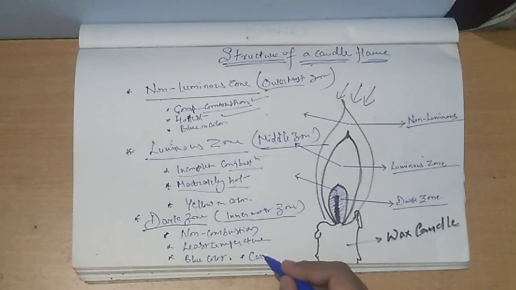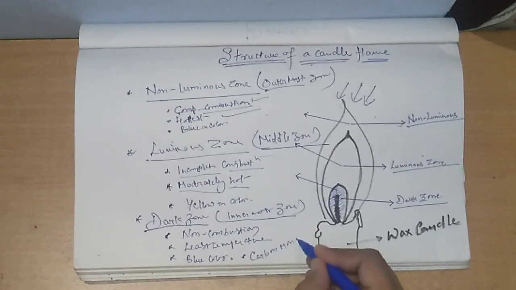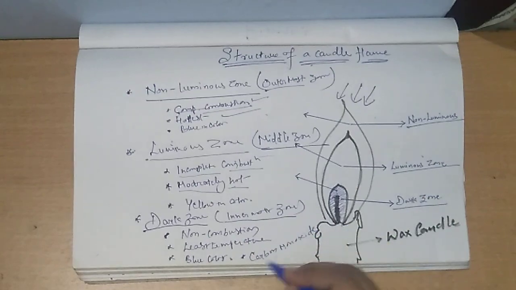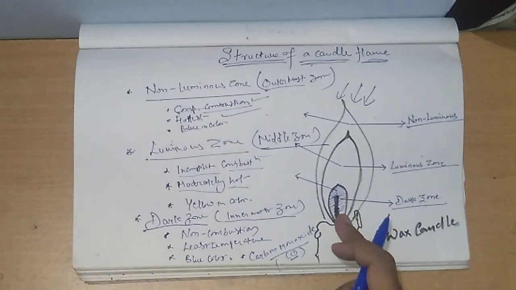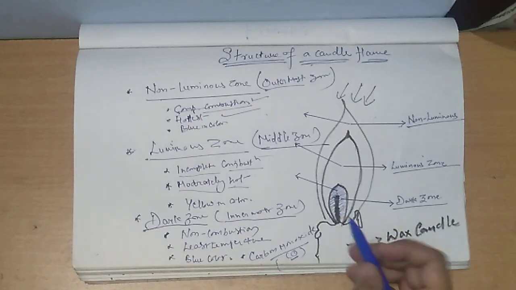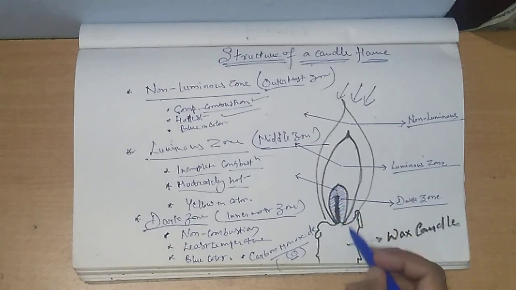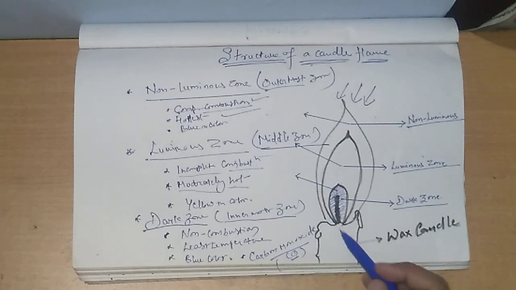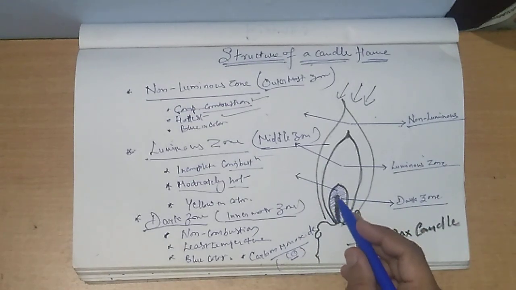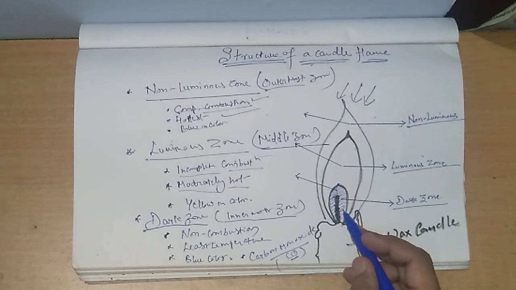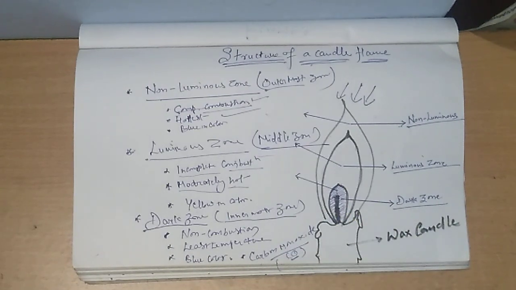Fourth point: carbon monoxide, CO. Because of the burning of the vapors of candle wax near the wick, carbon monoxide is produced over there, which is considered a pollutant gas.